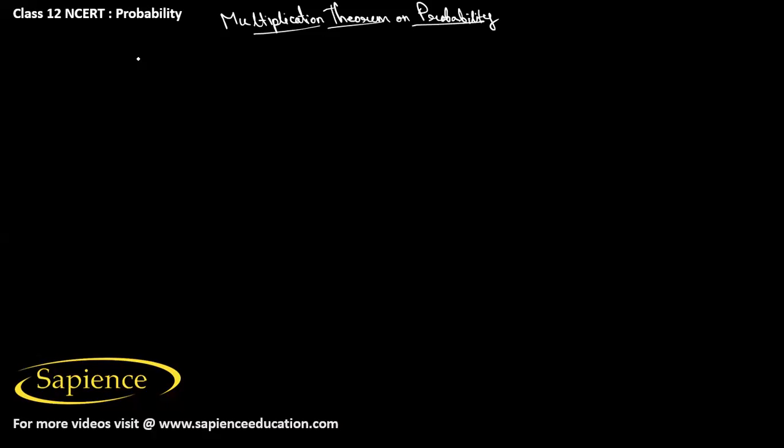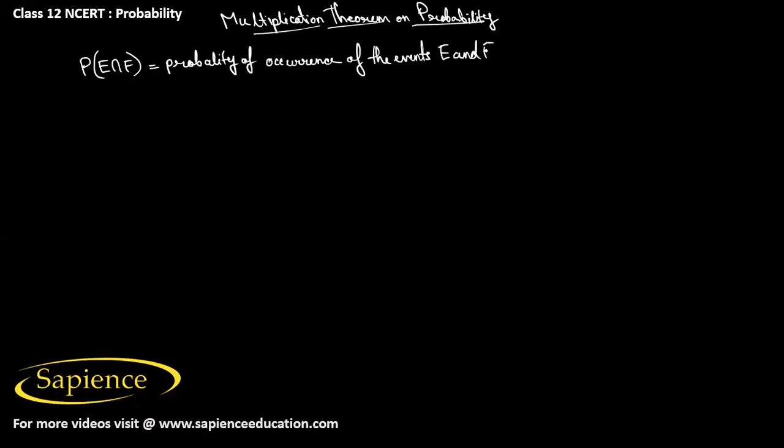Here, if we have to find the probability of E intersection F, it means the probability of the occurrence of the events E and F simultaneously. This P of E intersection F can also be written in this form, P of EF.